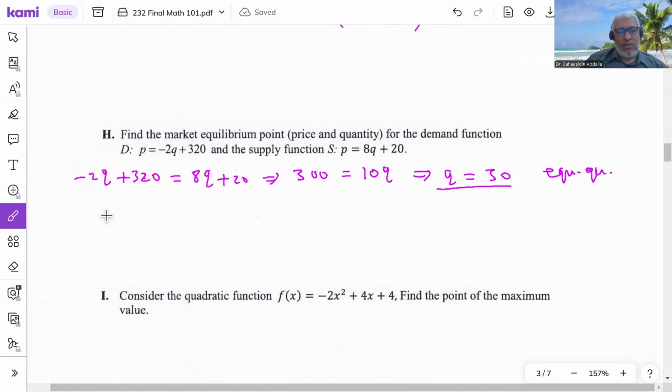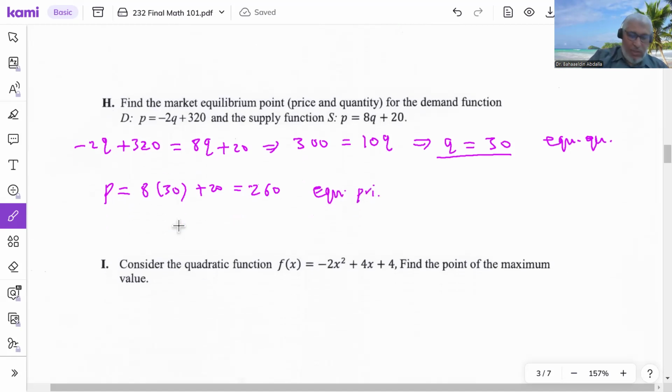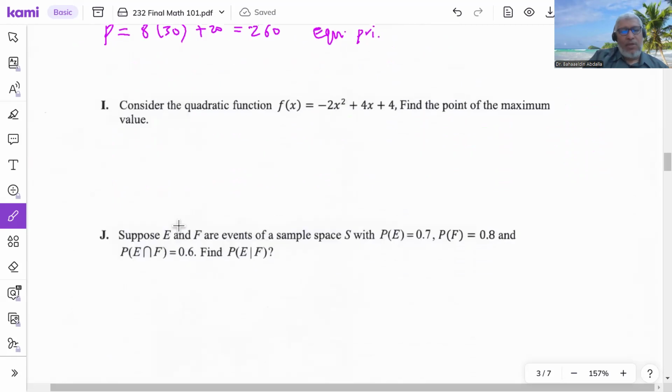You should get the same answer. So I will use this one. So 8 times 30 plus 20, 240 plus 20, 260. So this is the equilibrium price, $260.